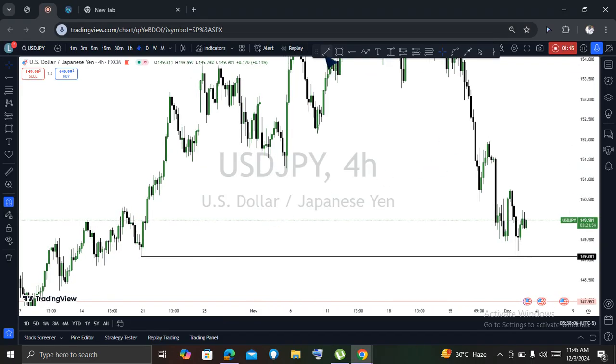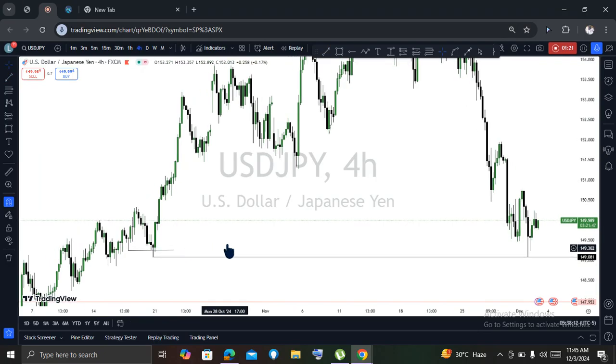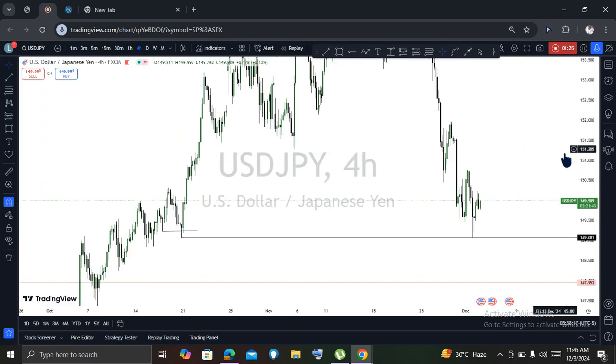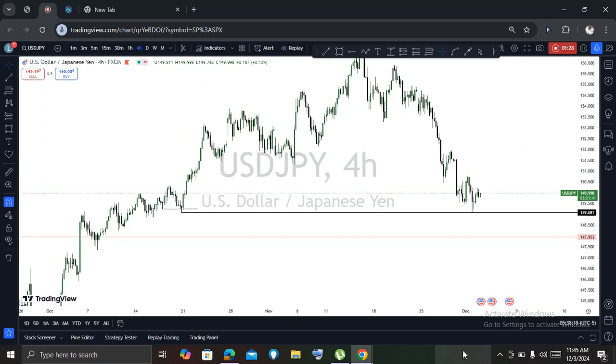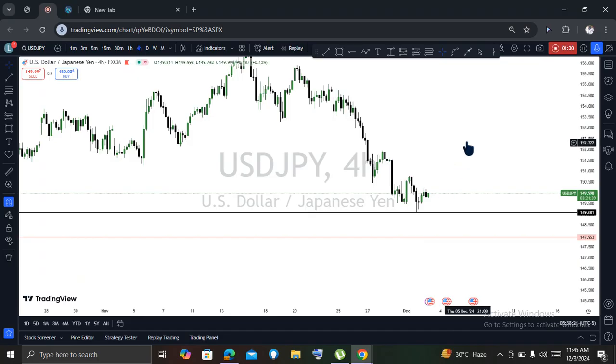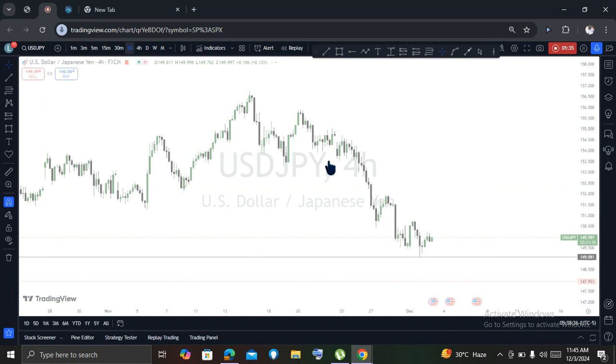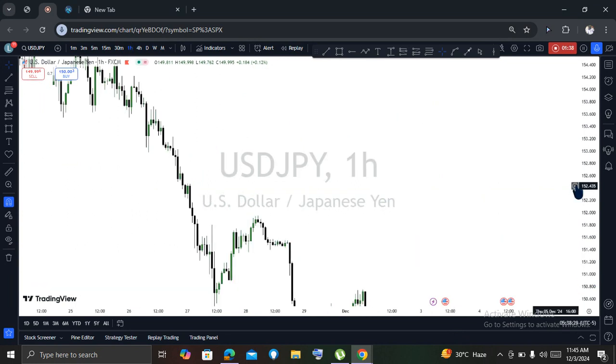You could see that this low is actually a very strong low, but we don't know, maybe it will still break to the downside. We don't know what might happen, but we have to focus on the recent price action. And the recent price action is actually selling at the right time now.